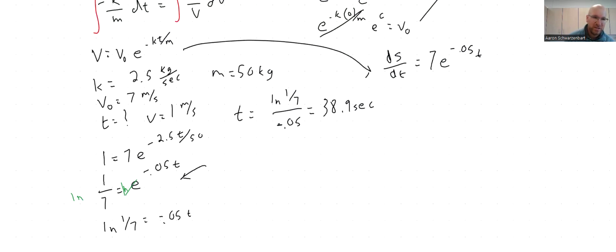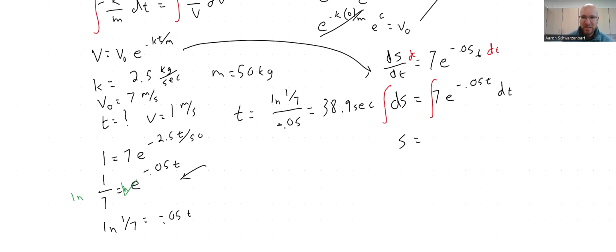So I will multiply both sides by dt, giving myself ds equals 7 e to the negative 0.05 t dt. It's time to integrate both sides. ds simply becomes s.